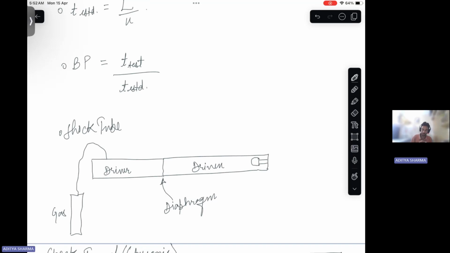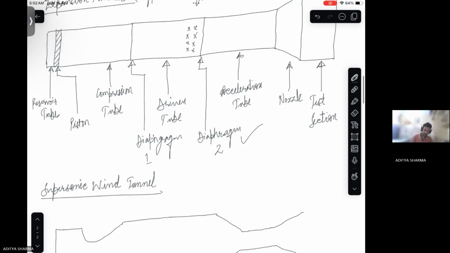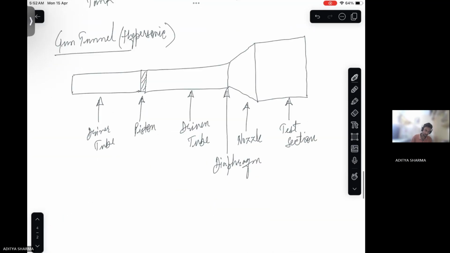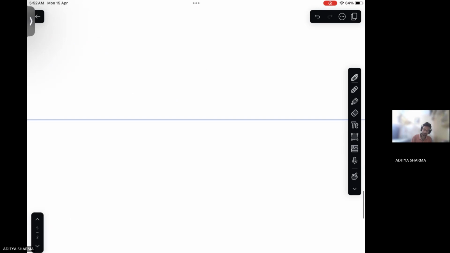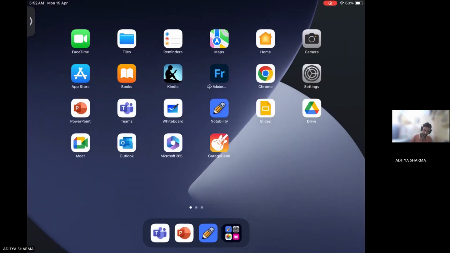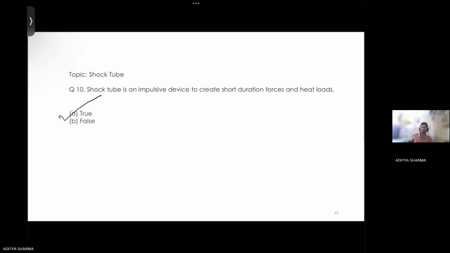And the loads this model receives are then taken using the proper instrumentation that has been elaborated in lecture 31, right?